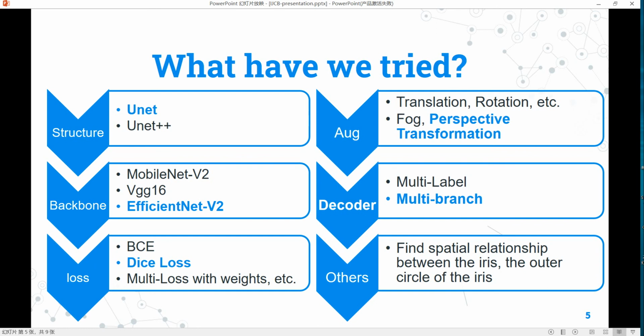The sixth part, which we think is more important, is to find the relationship between the 3 tasks.